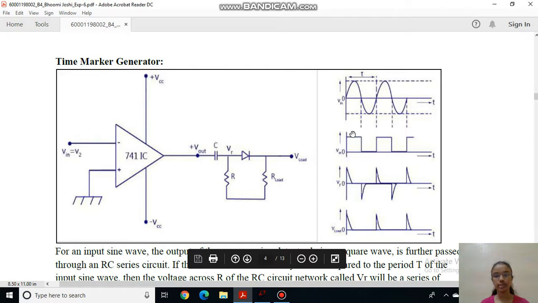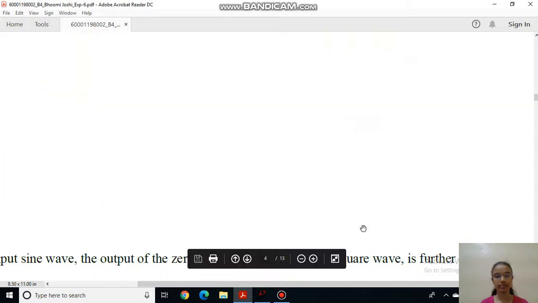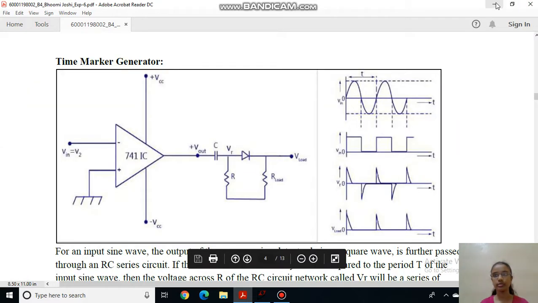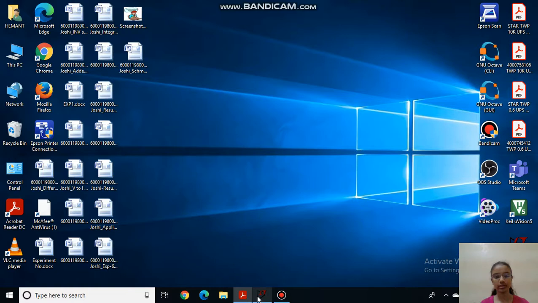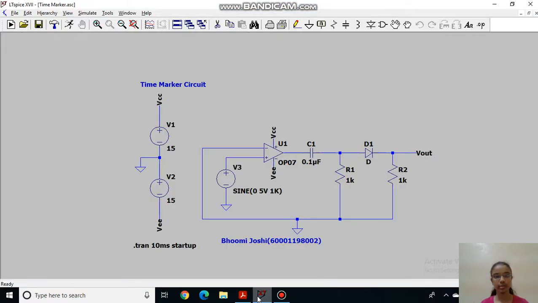For positive saturation we are getting positive spike, and for negative we are getting negative spike. So here, with the help of diode, we are clipping the negative spikes. So as final output, we will get only positive spikes. So now let us see the simulation.